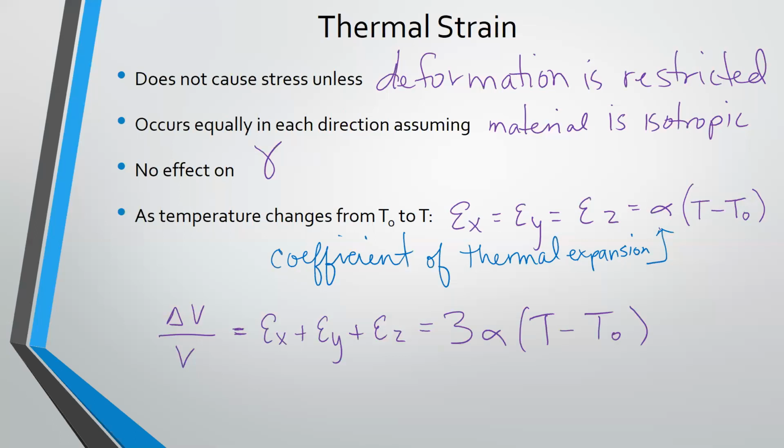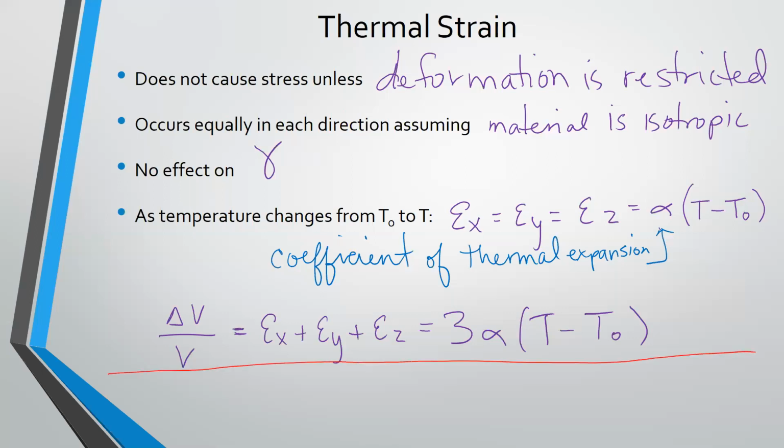I didn't leave a whole lot of room for it here, but I want to show you that the application of force and the application of temperature change go together to cause strain.